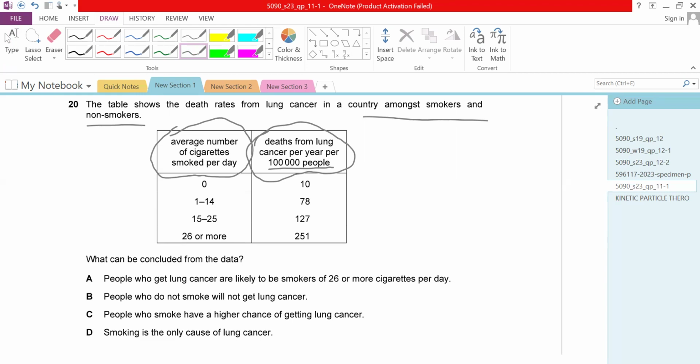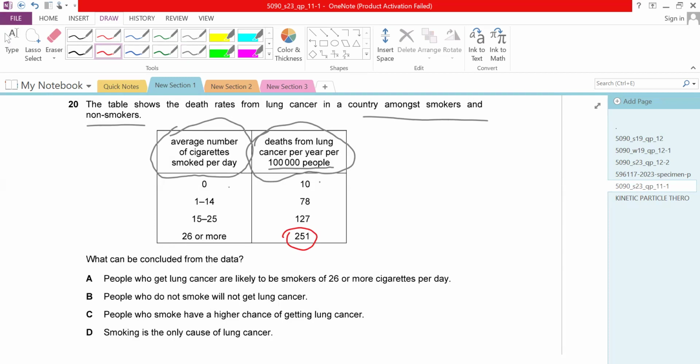What can be concluded from this data? Have a look at the data. Average number of cigarettes 0, 10% people died, then 1 to 14, 15 to 25, then 26 or more. What can be concluded from this data?